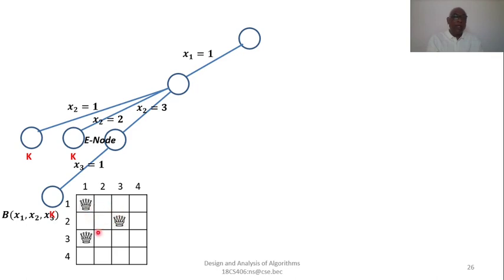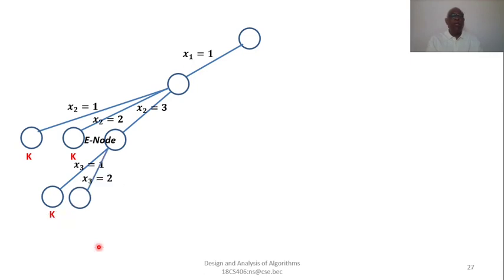You can have a look at why this node, representing the solution x1, x2, x3 as 1, 3, 1, violates the bounding function: because of the column constraint. So let's move on to the next step. The next step is x3 equal to 2.